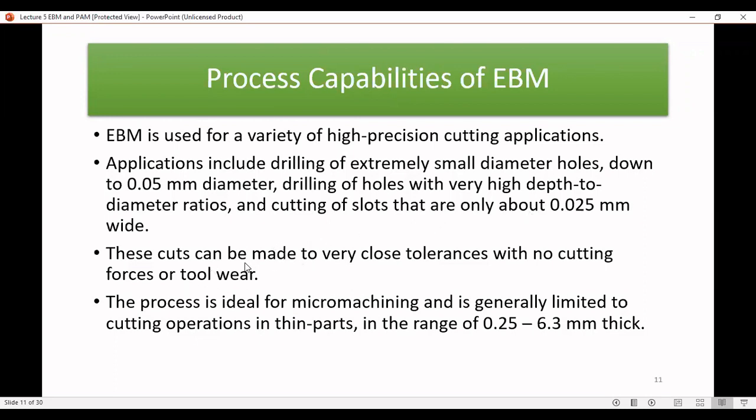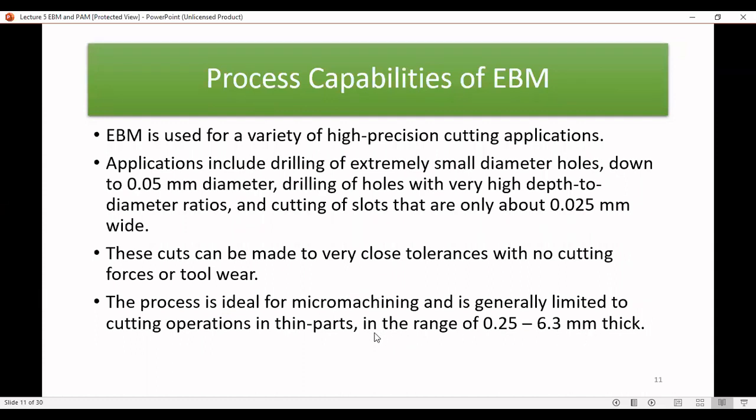There's no tool wear involved in it. The process is ideal for micromachining and generally limited to cutting operations in thin parts in the range of 0.25 to 6.3 millimeter thickness.